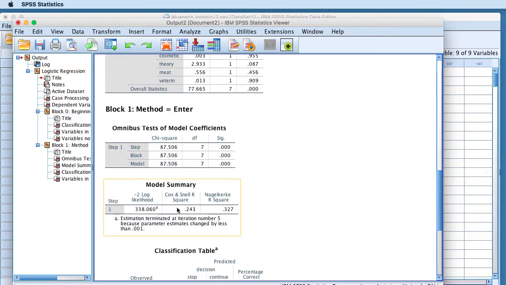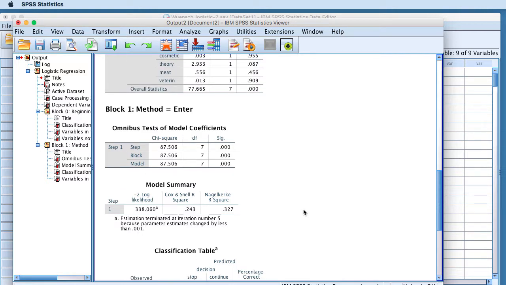We also are provided with what's called a pseudo R-square, and the one that's most frequently interpreted is the Nagelkerke R-square, and we can read this similar to what we use in ordinary least squares regression, that about 33% of the variability in decision making is due to this combination of independent variables that were included in the model.